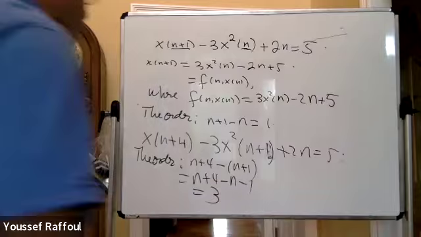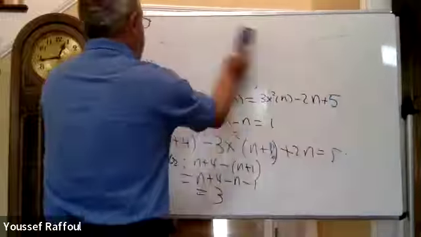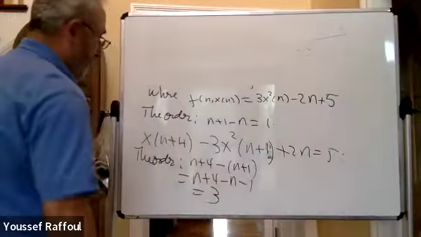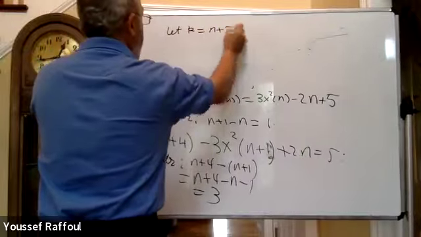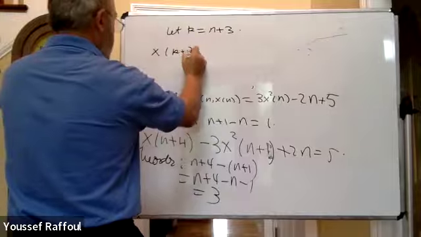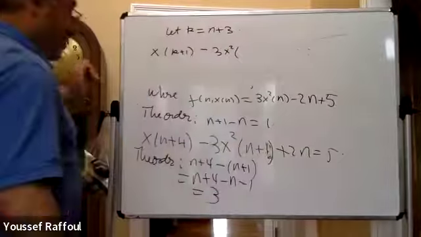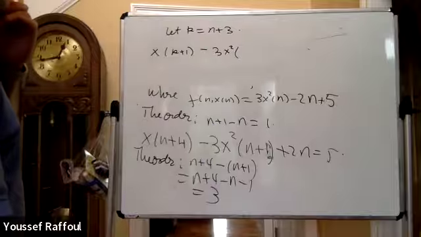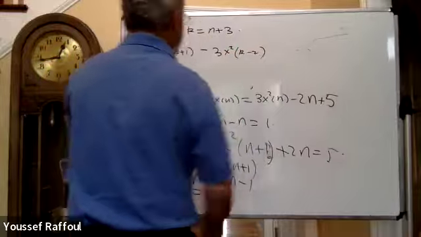But this can be written as, so if I let k equal n+3, this can be written as x_{k+1} - 3x_{k-2}^2 + 2n, which is 2k - 3, equal 5.